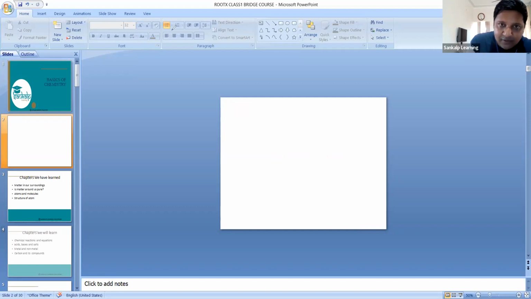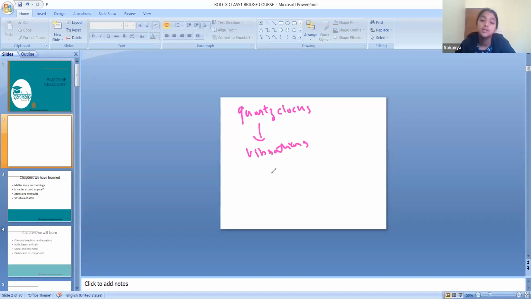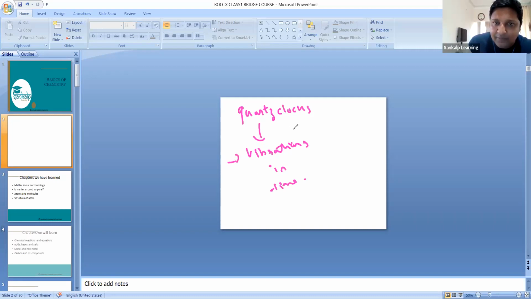Quartz clocks work on the principle of conversion of vibrations in time. Meaning, they are using some elements which will record the vibrations.